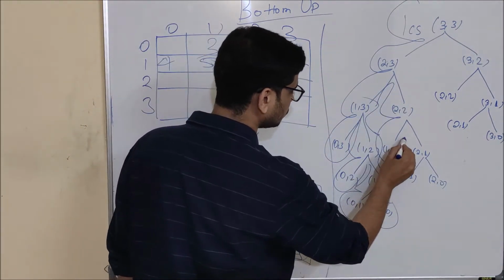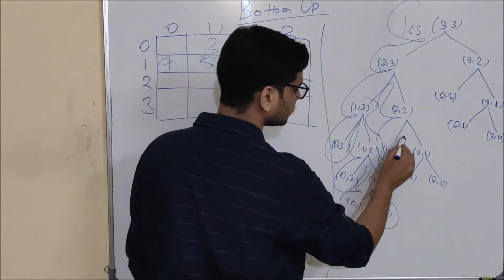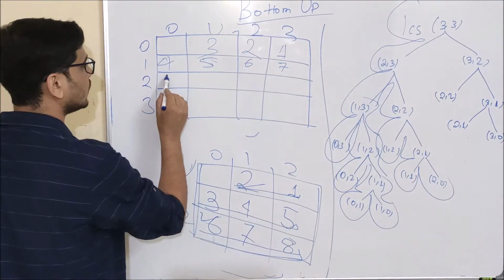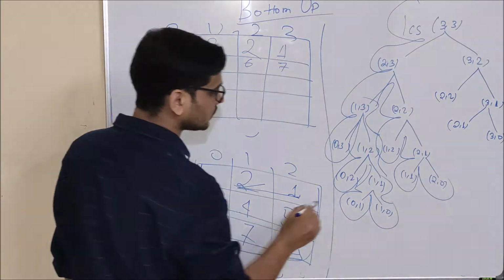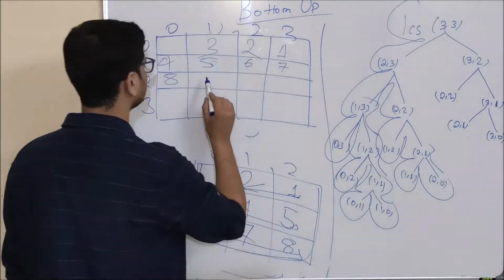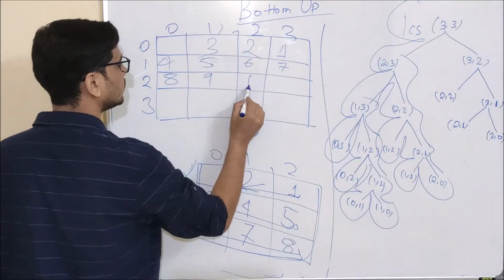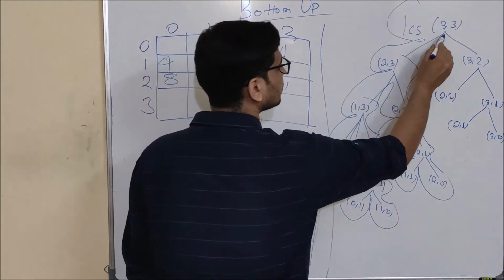Now 1, 2 is already there, 1, 1 also, then 2, 0. So this will be the eighth thing to return. After that 2, 1, the ninth. Then 2, 2 and 2, 3, the tenth and eleventh.